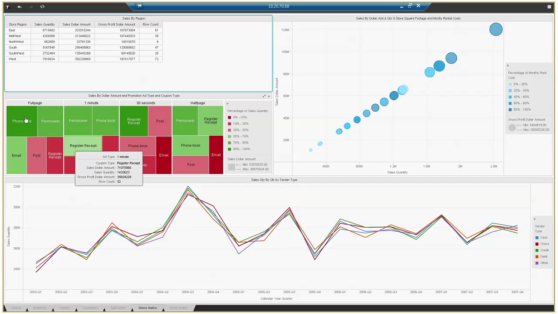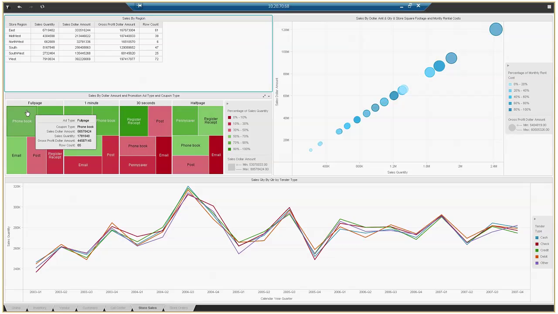Again, we have another heat map broken out by promotional ad type and coupon type. So we're looking at a couple different things here, and if you hover your mouse over those different visuals in the heat map, you can see exactly what it reflects.